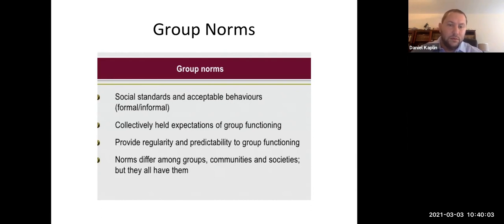Now, whether you're part of one group or another group, or you're part of one community or another, or a society, they may differ across groups, but all groups have group norms. You know, think about society. There are expectations of you in our culture, and if you deviate from them, then you run the risk of adverse consequence, right?